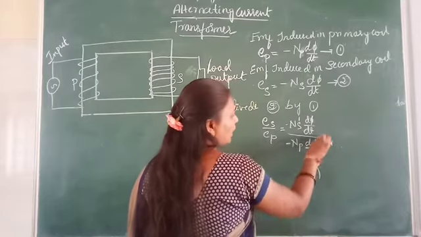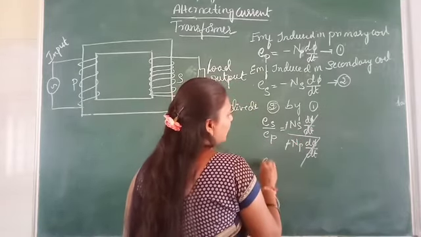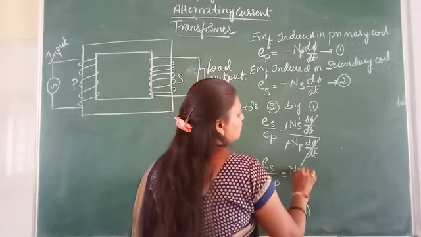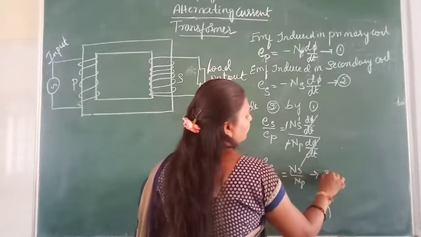Here d phi by dt cancels and the minus cancels. So ES by EP is equal to NS by NP. Let me call this equation 3.